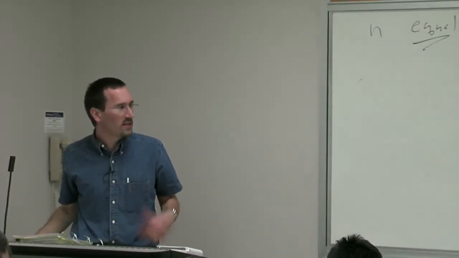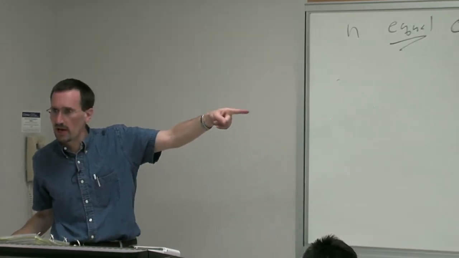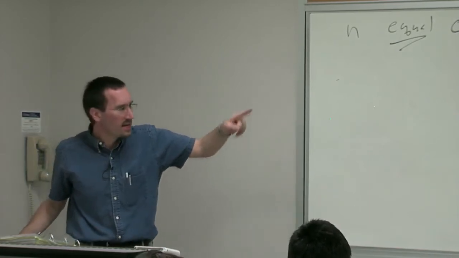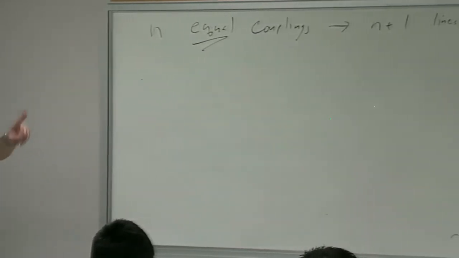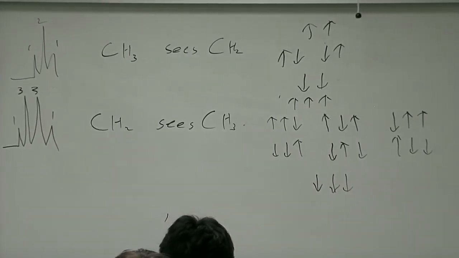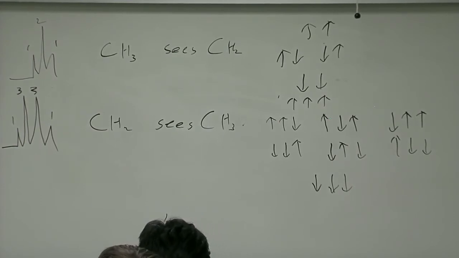Those 5 lines follow Pascal's triangle. You can work out the statistics yourself, or you can say that those 5 lines end up being in a 1 to 4 to 6 to 4 to 1 ratio, and so forth. You basically add the ones above, or you work out the statistics.